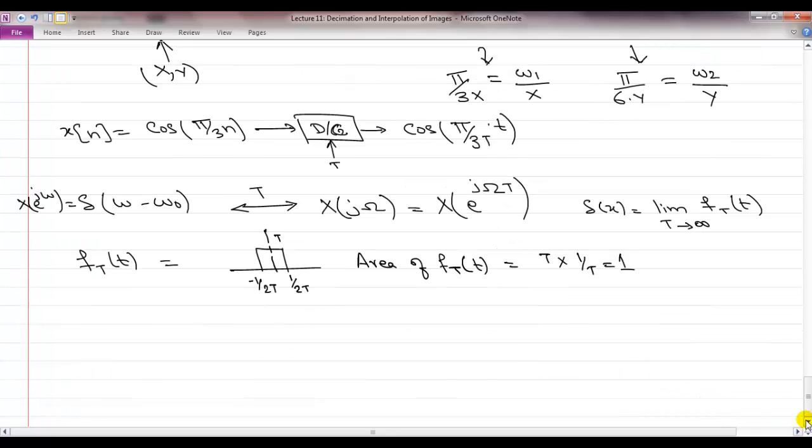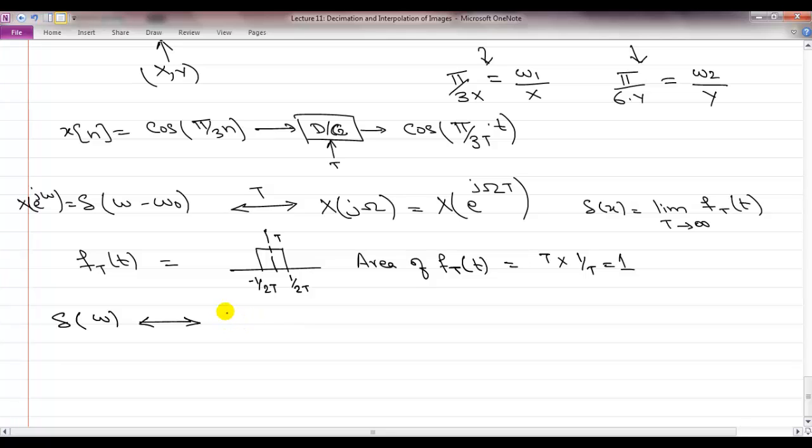So if you want to think about how to translate delta of omega, we can without loss of generality take omega not equal to 0, it doesn't matter. I want to translate what scaling of the frequency axis means, and I should really think about it in terms of this definition of my impulse.